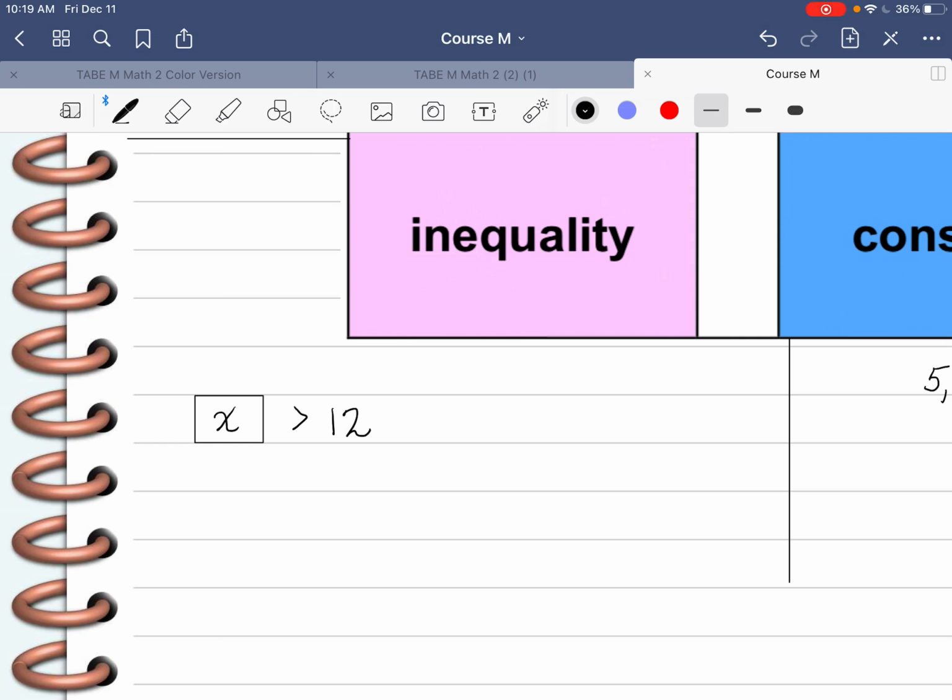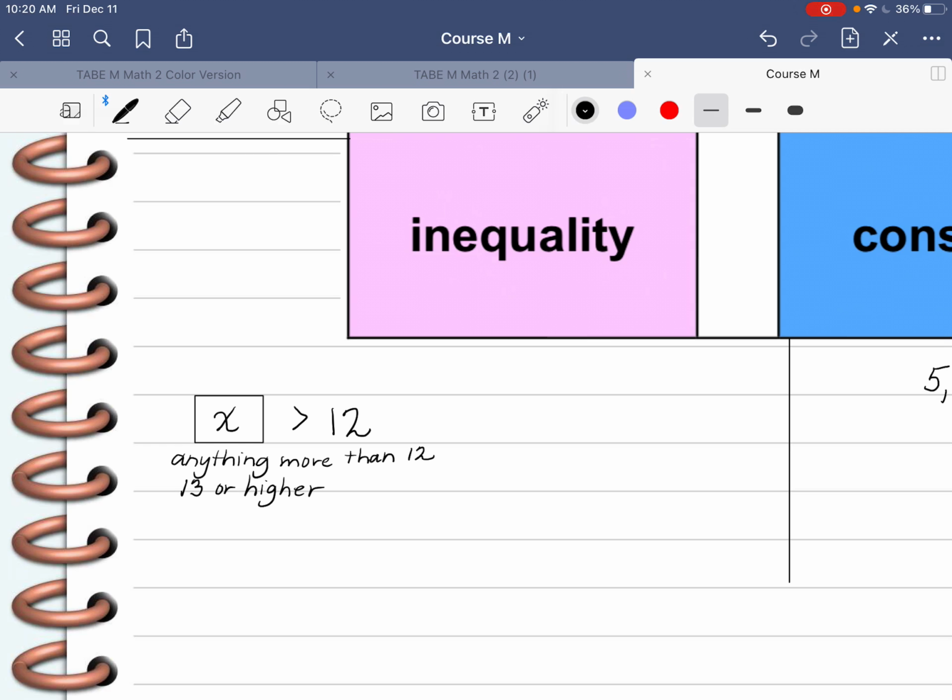No. X could be anything 13 or higher. Anything more than 12. It could be 13, it could be 14, it could be 20, it could be 200, it could be 2 million, it could be 2 trillion, as long as it's bigger than 12.